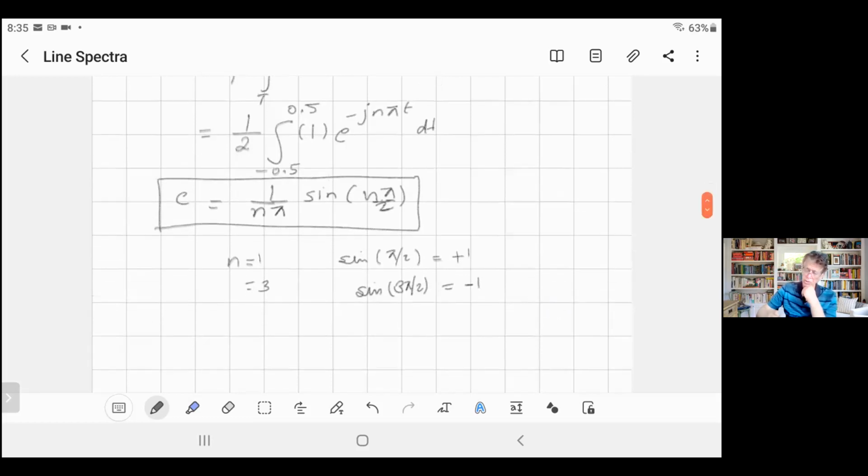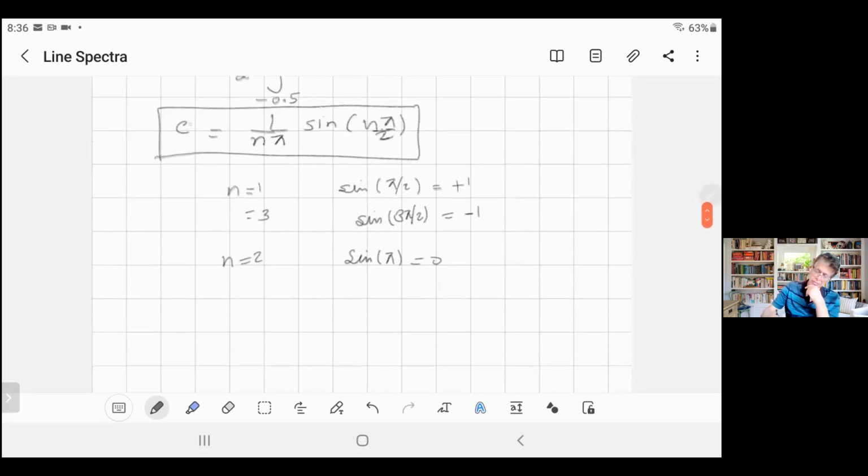All right, what about even? Let's take 2. When you put 2 here, you have sine 2 pi over 2, which is sine pi, equal to 0. Put 4, you have sine 4 pi over 2, which is sine 2 pi, 0 again. So we got it now. This is, by the way, called Cn.